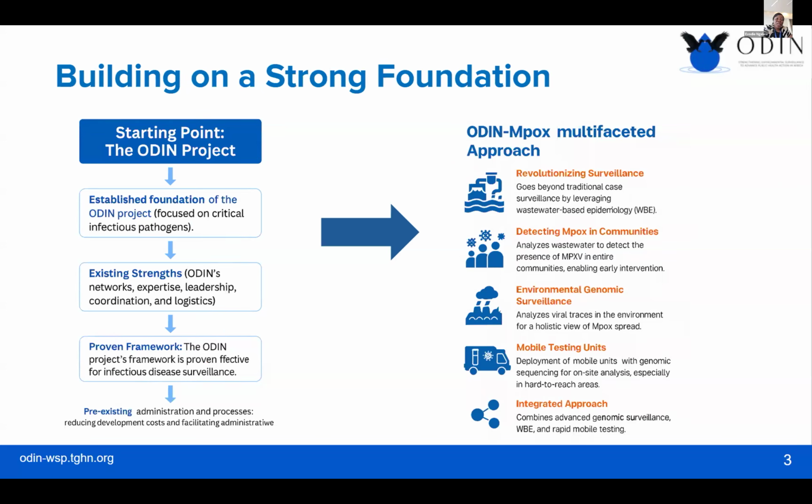We had this outbreak, which started when ODIN had been working for 1 year, and we have this re-emerging zoonotic disease, Mpox, with a particularly rapid spread and similarity with other clinical diseases.